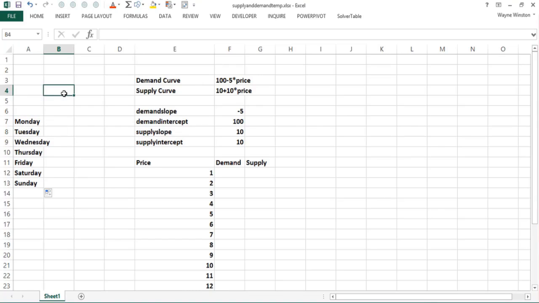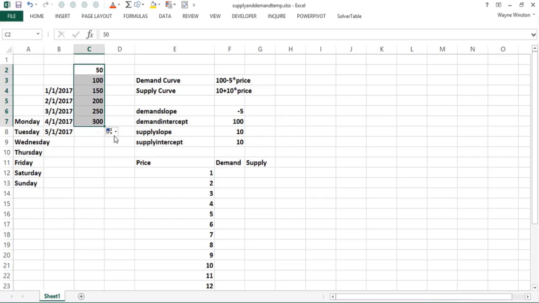Or if you do the first day of the month, let's say, Excel can learn lots of cool patterns. Or if you want to increment things by 50, Excel can learn that pattern. And you can actually create custom patterns, which we might discuss in a later video.